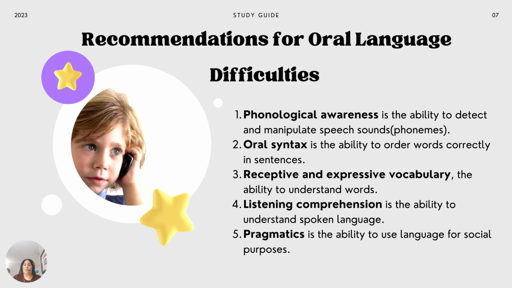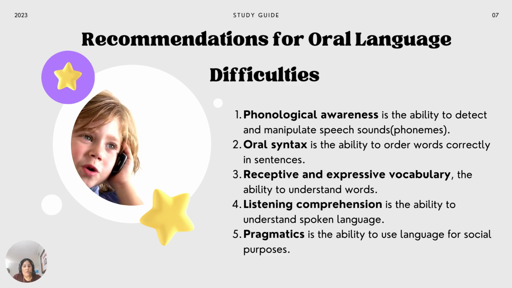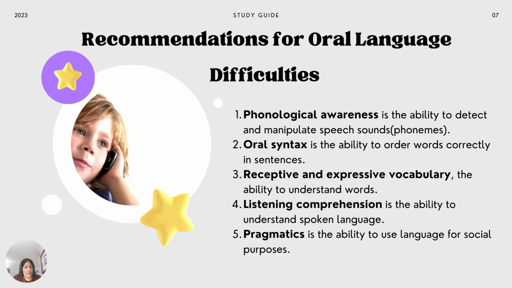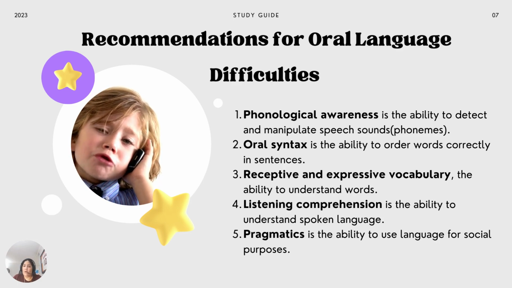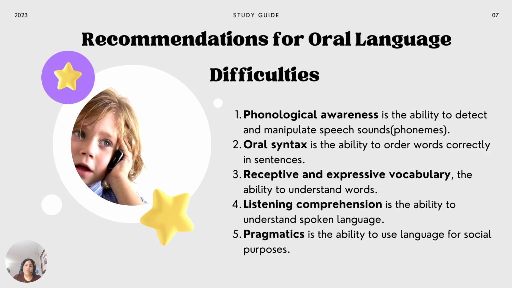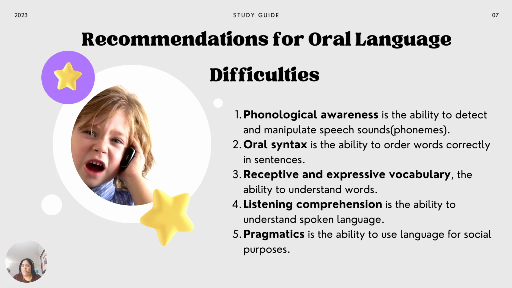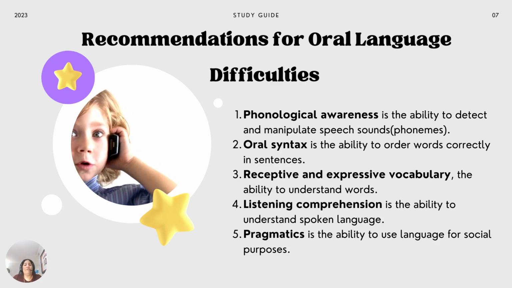We also can recommend about receptive and expressive vocabulary, which is the ability to understand words. And also we can recommend about listening comprehension, which is the ability to understand spoken language. And also we can recommend about pragmatics, which is the ability to use language for social purposes.